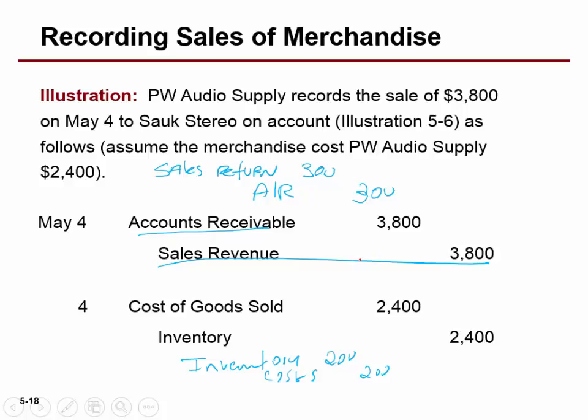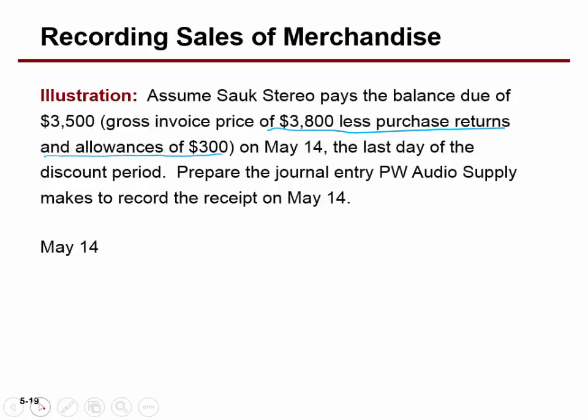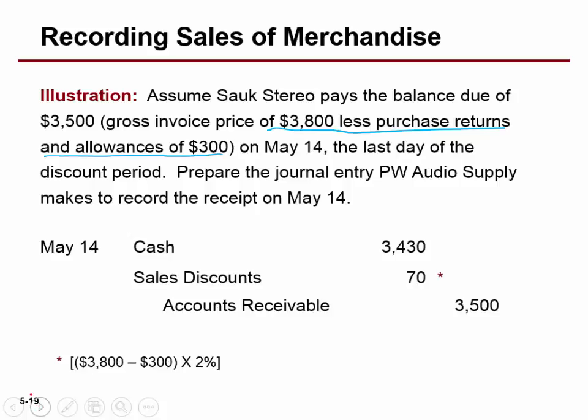Now, if we're keeping track of our sales, we have our what? We're trying to calculate. Then we get paid for it now, and we what? We get paid within the discount period. They take a 2% discount, don't they? So it's going to be what?